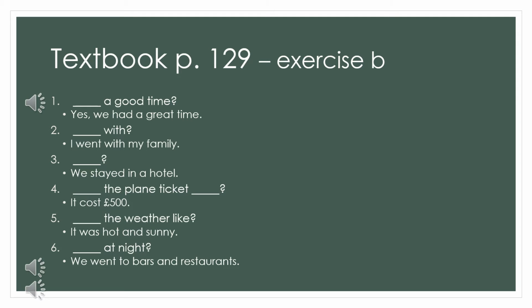Number 4, blank the plane ticket blank? It cost £500. Number 5, blank the weather like? It was hot and sunny. And number 6, blank at night? We went to bars and restaurants.